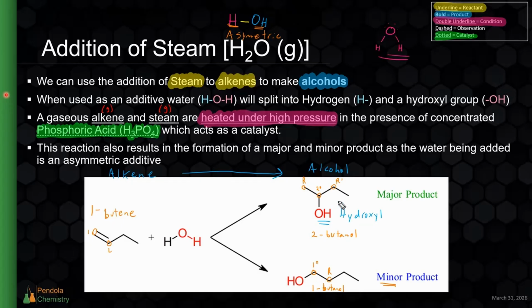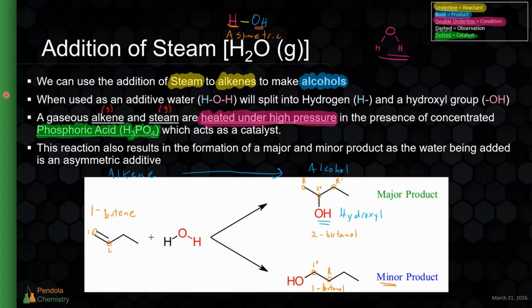And remember, the more R groups are attached to the carbon the hydroxyl group is attached to, the more stable the compound created, and so it will be the major product. So here we have a primary versus a secondary, so the secondary is our major product.